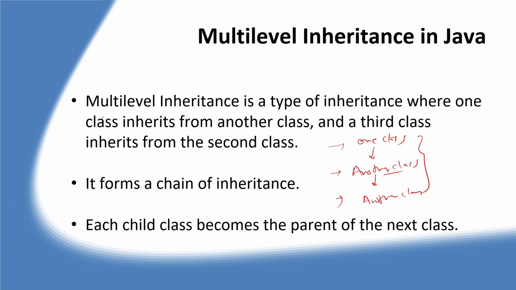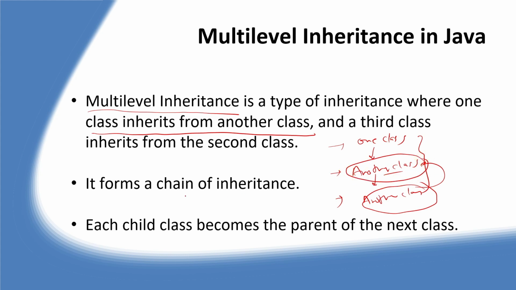So what it is telling: multi-level inheritance is a type of inheritance where a class inherits from another class and a third class inherits from the second class. It forms a chain of inheritance.